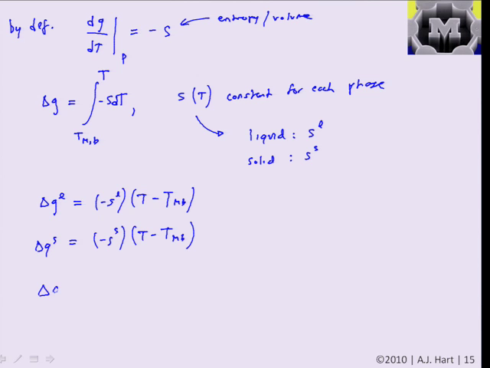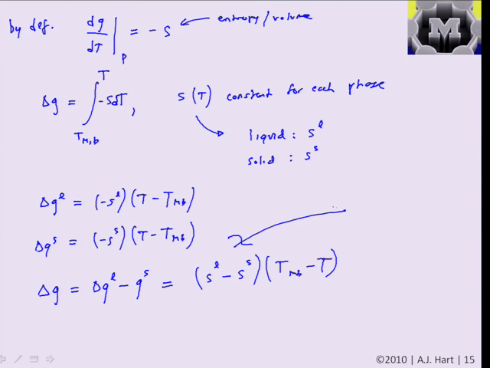So now delta G is just equal to the change for the liquid minus the change for the solid, which is equal to S_L minus S_S times the temperature difference.